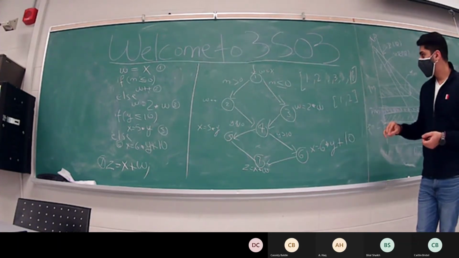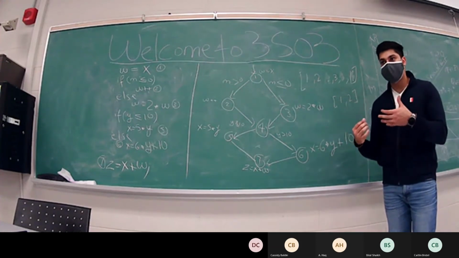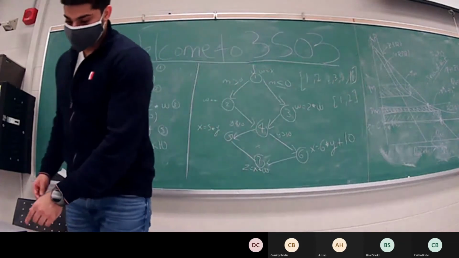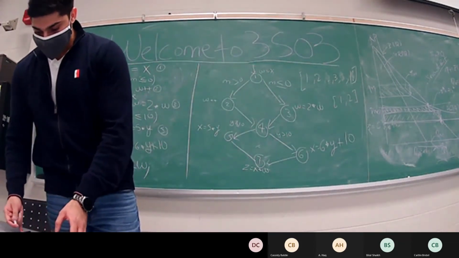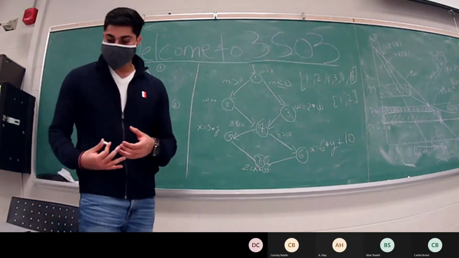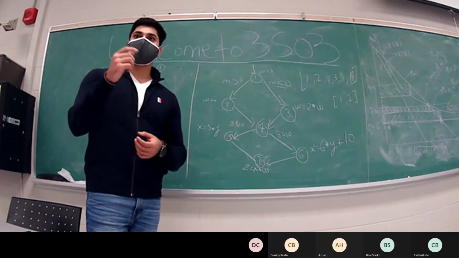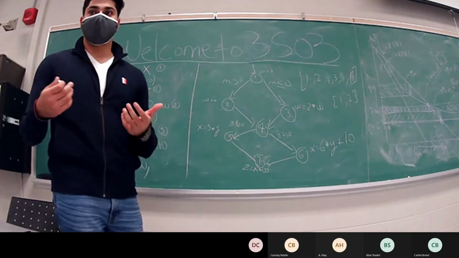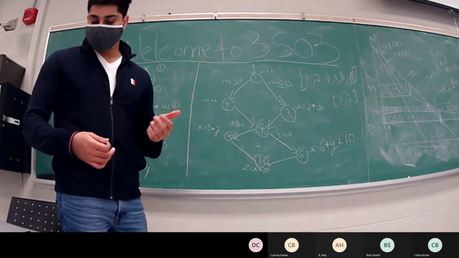So a prime path is any simple path that is not a subset of any other path. If you look at your assignment, it gives a better example. It gives you a number of simple paths, and because prime paths are simple paths that are not subsets of other simple paths, you're going to have fewer prime paths than simple paths. So that's the terminology and the definition of a prime path.